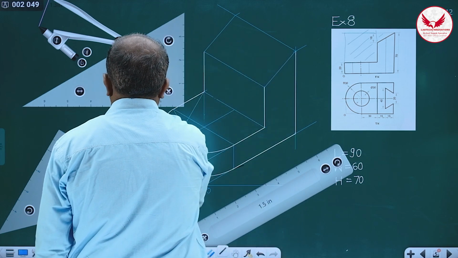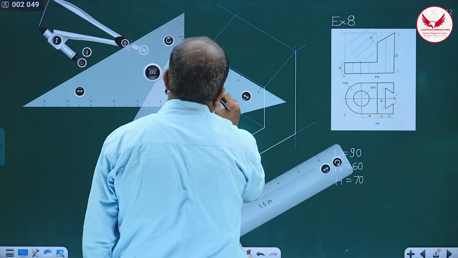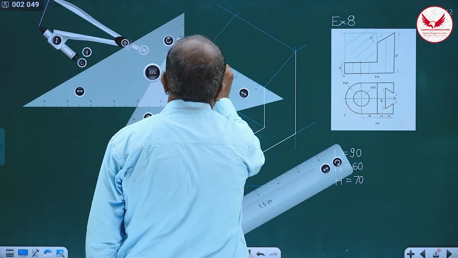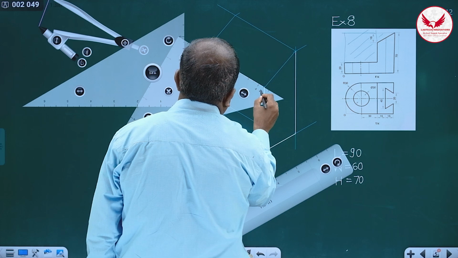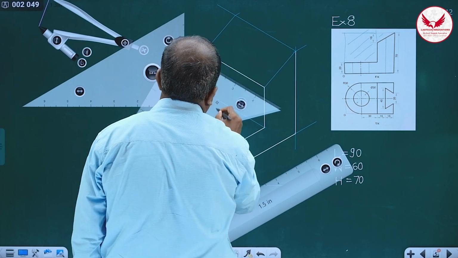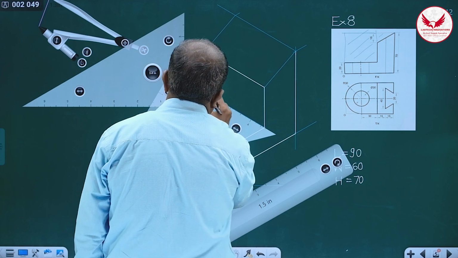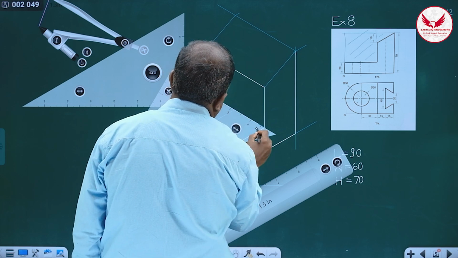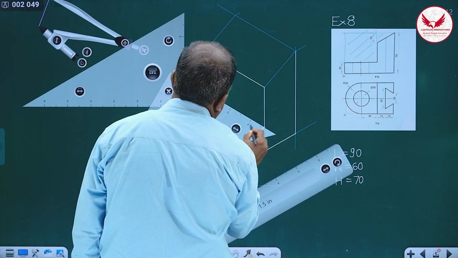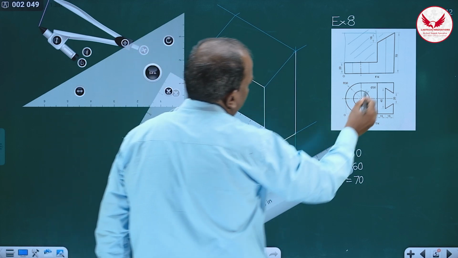Correct. Then line parallel to width. Make it dark. This also. Make it dark. Then outermost line.